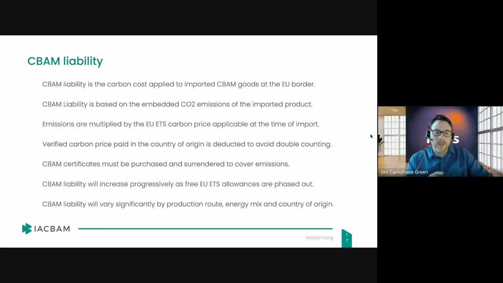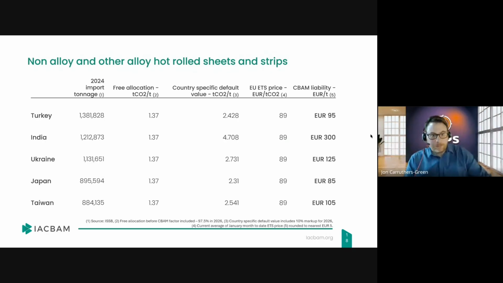So one of the things that we have been asked repeatedly by our customers is, what's the cost of CBAM? It's a very easy question to ask, but it's a very difficult question to answer. So what I want to do next is just have a look at a few examples of just how much it might cost. So I'm going to start with non-alloy and other alloy hot rolled sheets and strips, more commonly known within the industry as hot rolled coil.